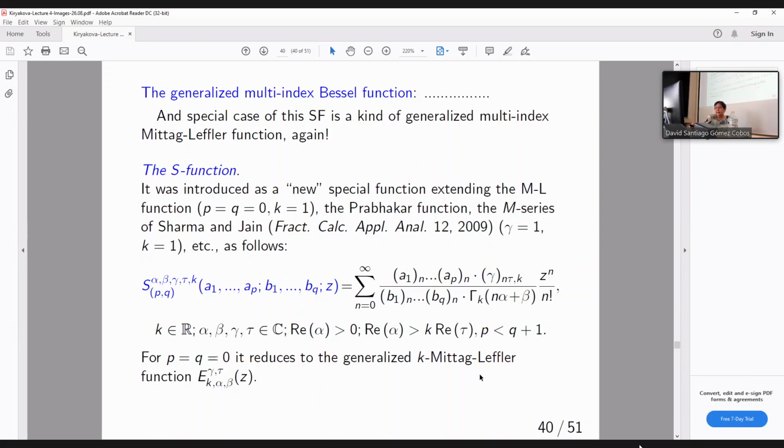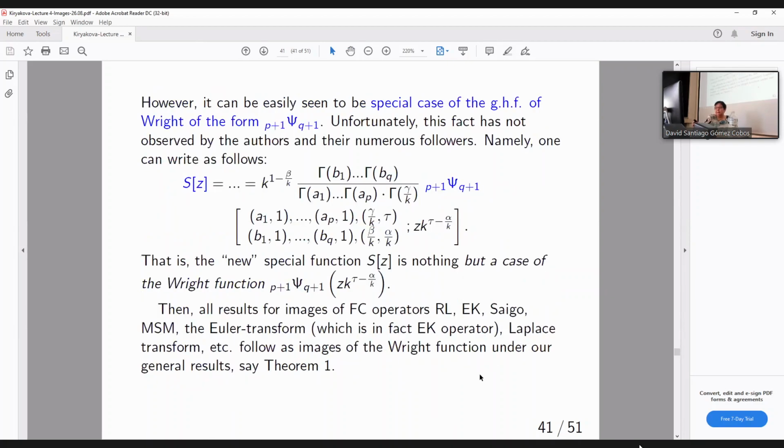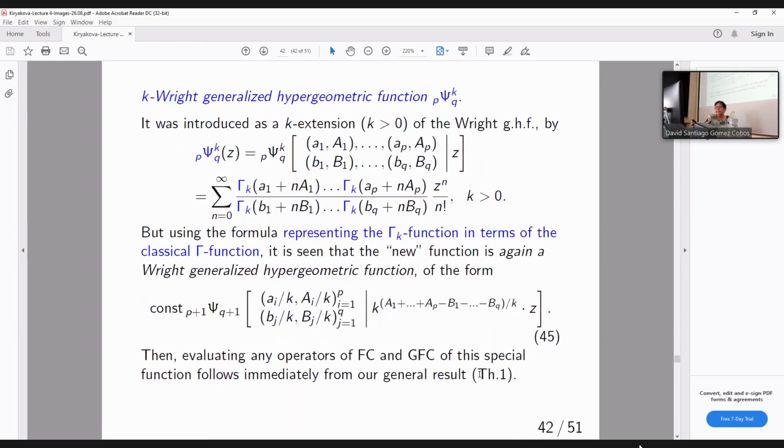Here we have part as the Mittag-Leffler function and as the Prabhakar function gamma k, and the Pochhammer symbol, but in terms of gamma k functions. Everything is reduced to the classical case of Wright generalized hypergeometric functions, say in this case to p plus 1, q plus 1 Ψ function, and the results are known.